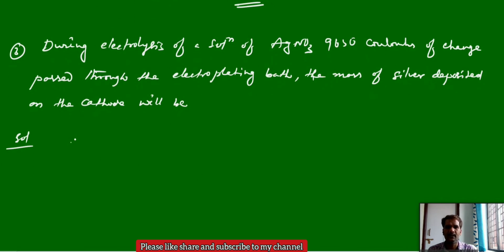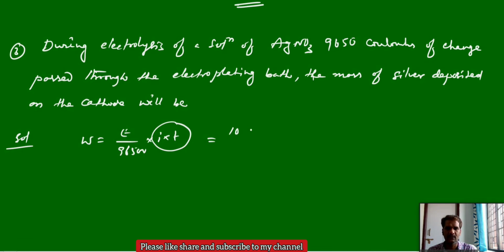What formula can we apply? Here W is equal to E by 96,500 into I into T. What is I into T? The charge, that is given, 9650. In place of IT you put that value.